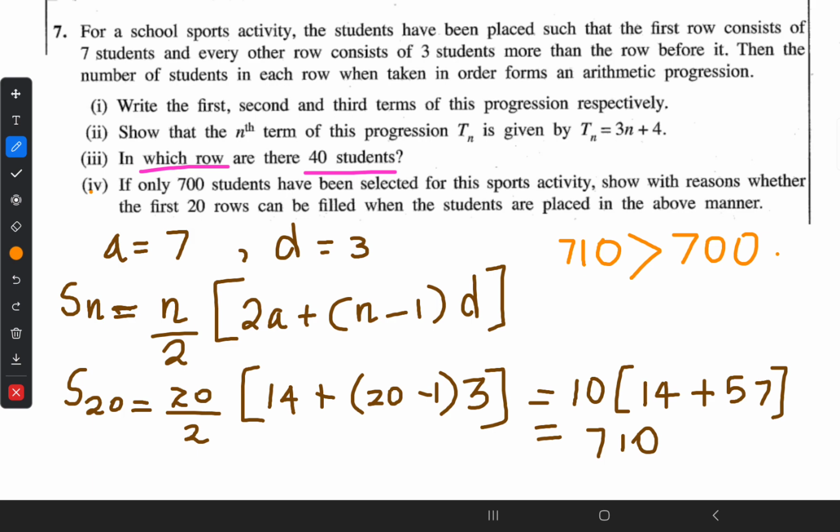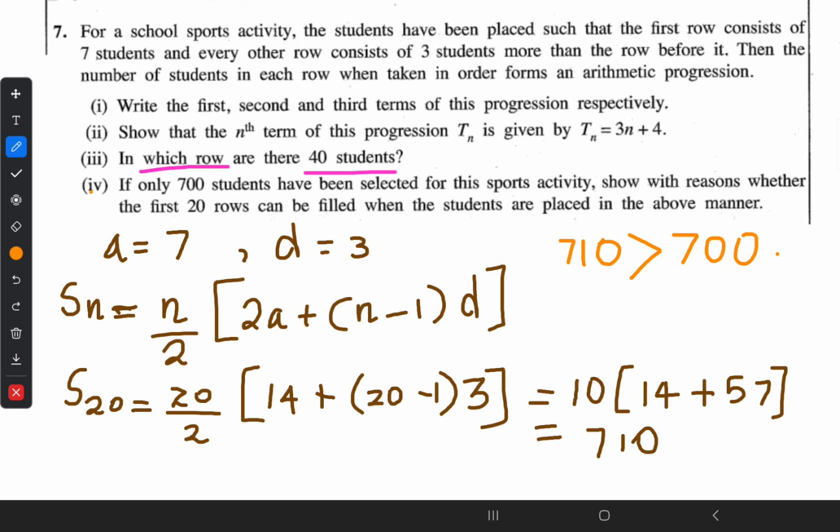We have to show with reasons whether the first 20 rows can be filled or not. So here you should write your answer as 710 greater than 700, definitely indicating it using an inequality.